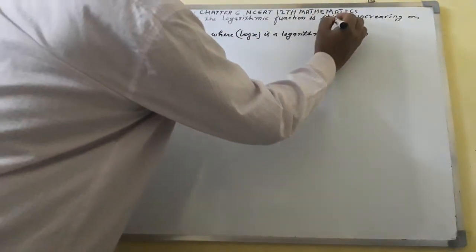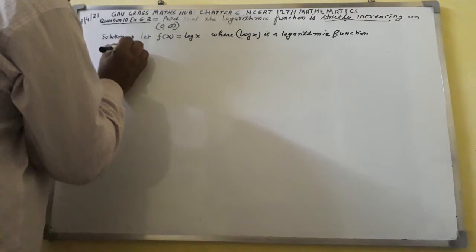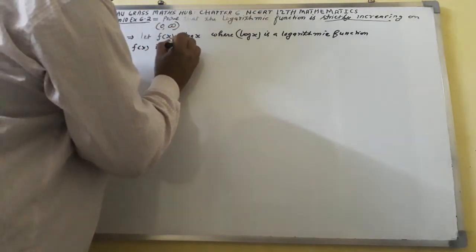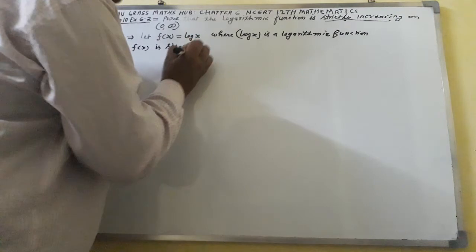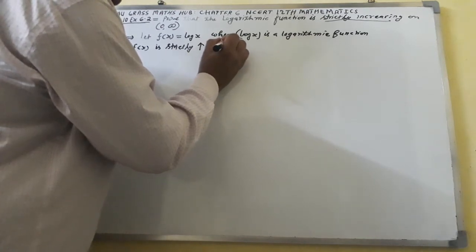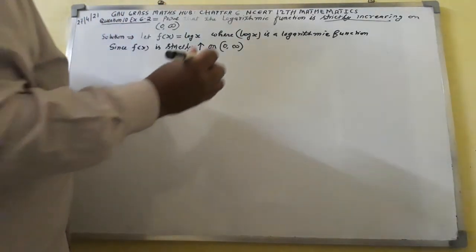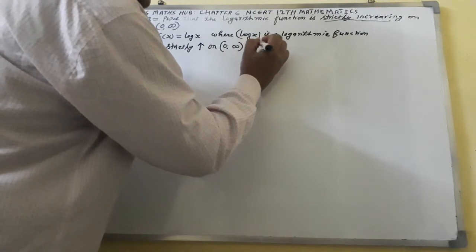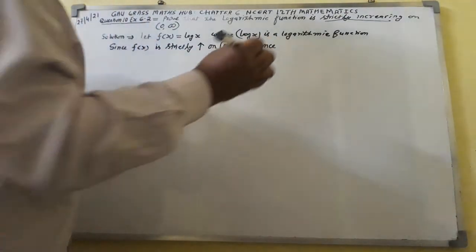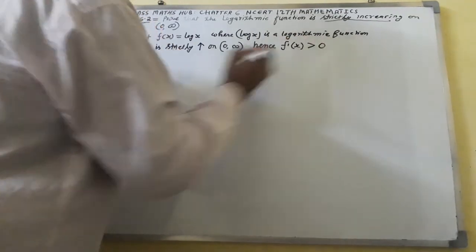Here it says strictly increasing. Here I shall write, since f of x is strictly increasing on open interval 0, infinite open interval, hence f dash of x must be greater than 0.